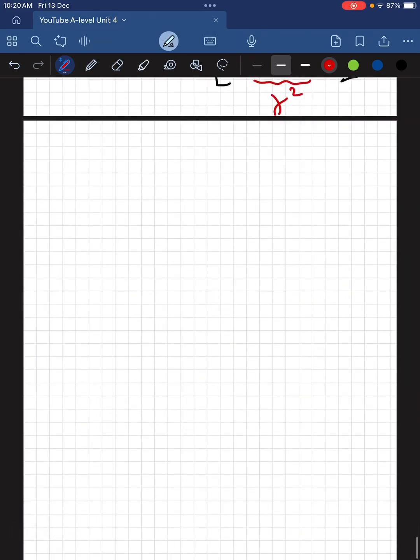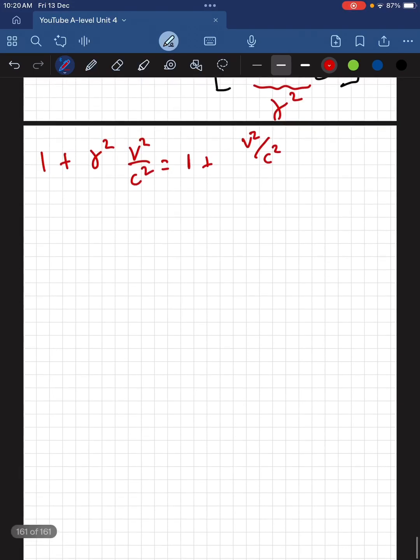Let's go see why. So let's keep the red. So 1 plus gamma squared v squared over c squared is equal to (1 plus v squared over c squared) times gamma squared, which is equal to 1 minus (v over c) squared.